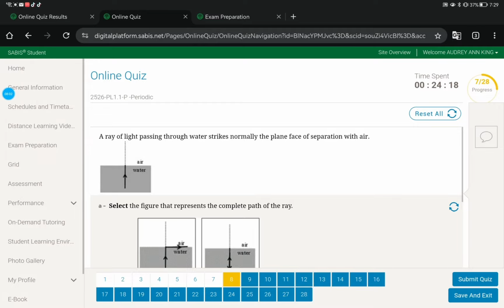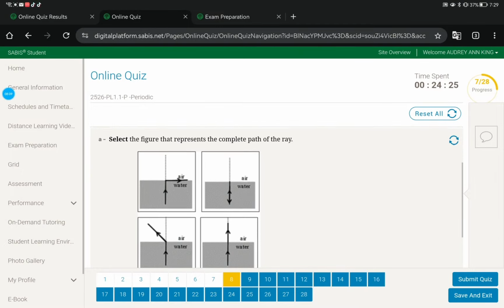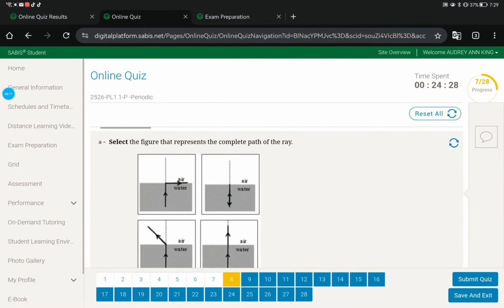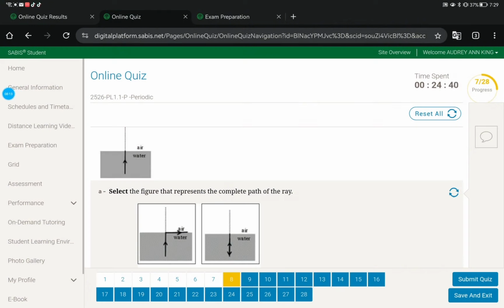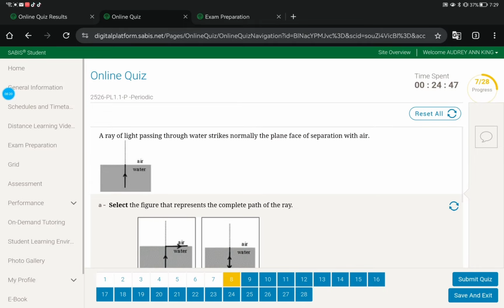A ray of light passing through the water strikes normally at the plane of separation with air. Select the figure that completes the path of the ray. Right, so guys, if you remember in the previous question, I said that when a ray of light strikes normally at the boundary, it's gonna go straight through.